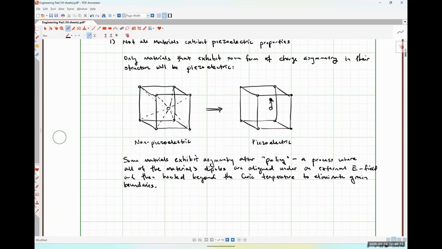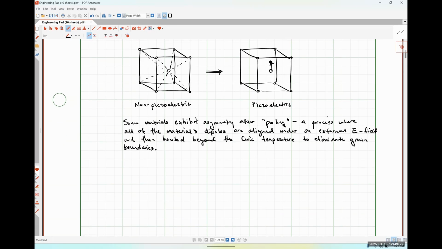But essentially, I've got another explanation for what piezoelectric materials might look like. Think about a structure that might be something like this.